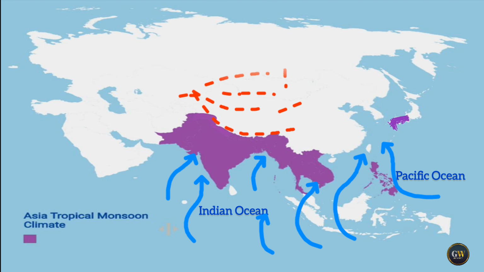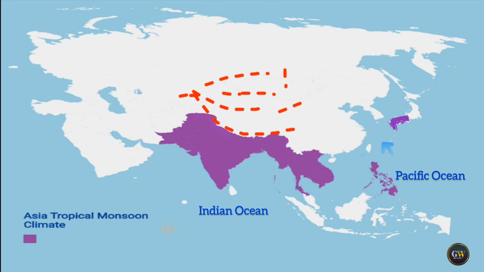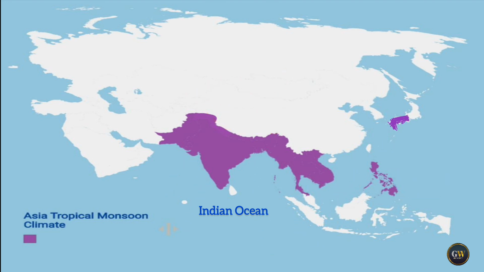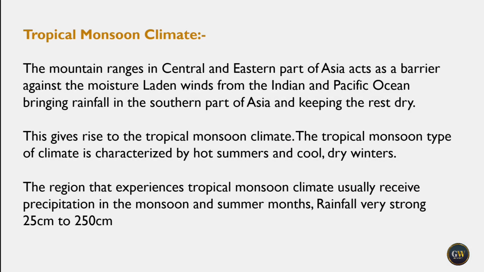But here we have the central mountain ranges that act as a barrier against these moisture-laden winds, and this region experiences the tropical monsoon climate type, where the summer season is hot and the winters are cool and dry. This region usually receives precipitation in the monsoon and summer months.